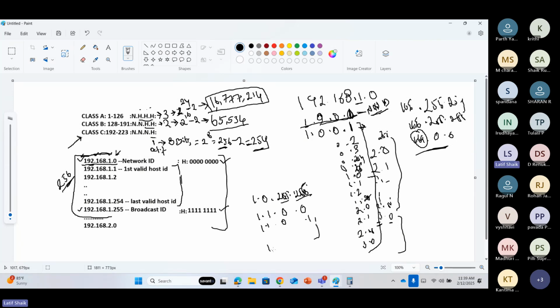So where does it end? 1.255.255.254 is the last valid one. 1.255.255.255 is the broadcast ID, the very last IP. 1.255.255.254 is a valid IP, so from the start up to here you can assign to devices.